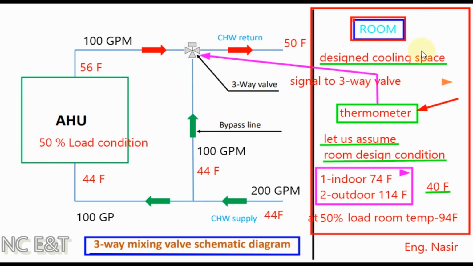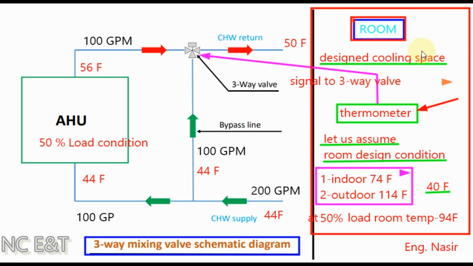Using the linear relationship between the coil heat transfer and the chilled water flow rate, at 50% room design condition, 50% of the chilled water will be needed to flow through the AHU, and 50% of it should be bypassed using the three-way valve. In our condition, we have designed the AHU for 200 GPM at full load condition.